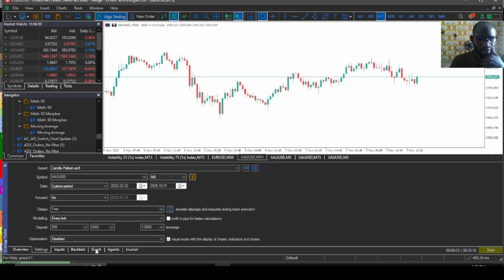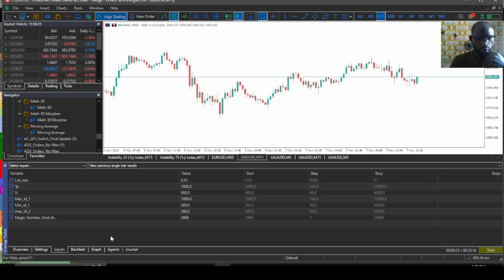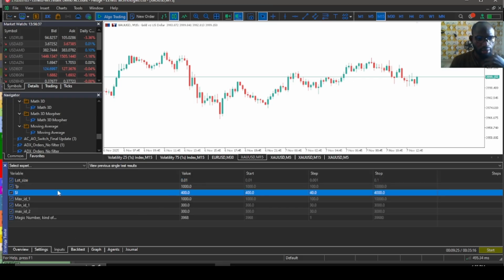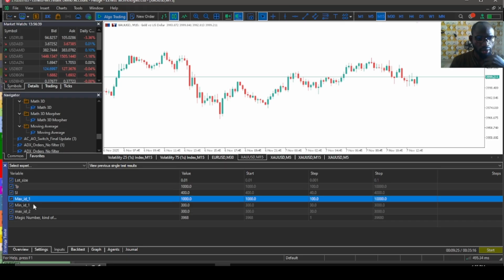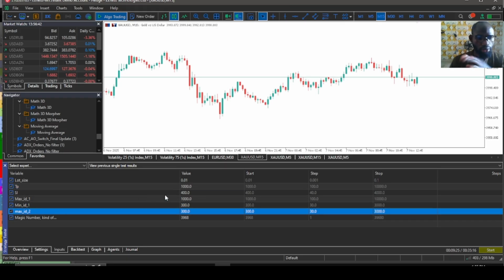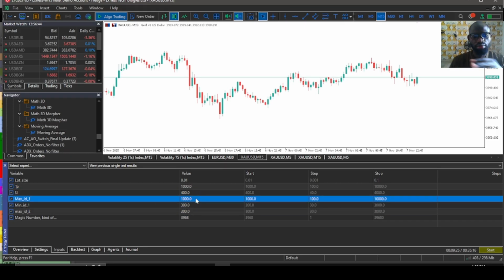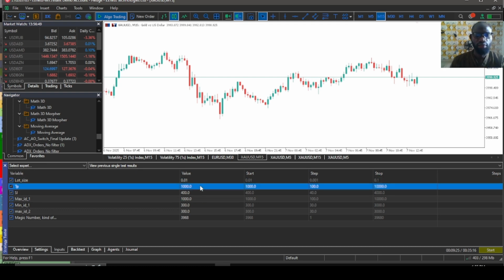Let's test with the $100 account. The lot size, the take profit, the stop loss, the candlestick size, and so on, we can either reduce the values or increase the values. But let's leave it the way it is and test it and see if this is going to do exactly what we have programmed it to do. So let's test.